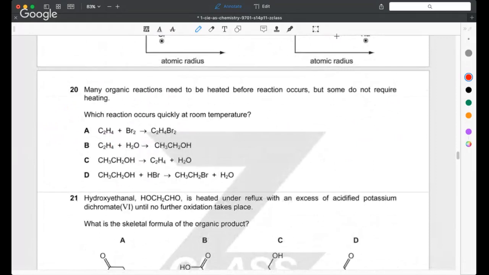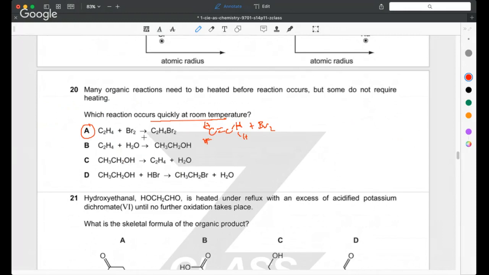Okay, so looking at these organic reactions, this is just something you really need to know. The only thing you could spot here is that you've got ethene having an addition reaction with bromine, and it's asking which one occurs quickly at room temperature. It's actually A, but I suppose you could go through your organic reactions and look up all the reaction conditions.